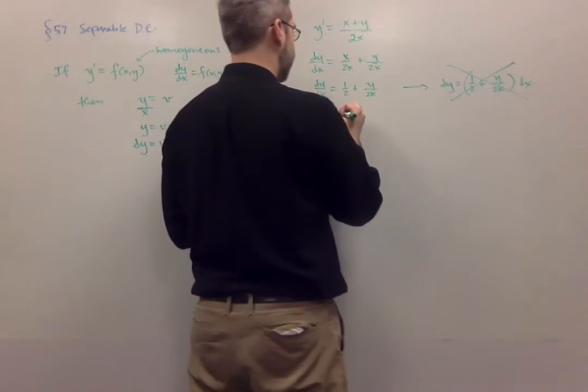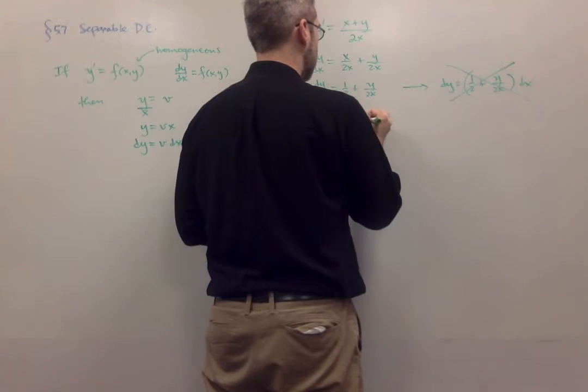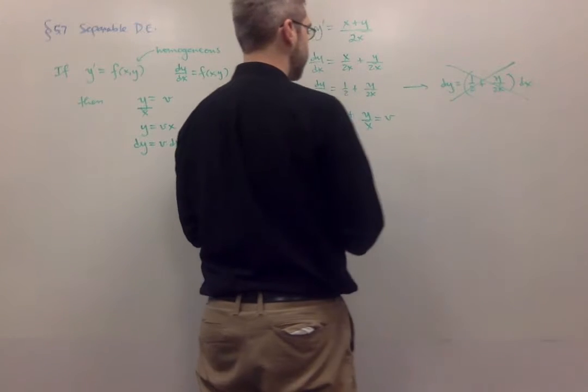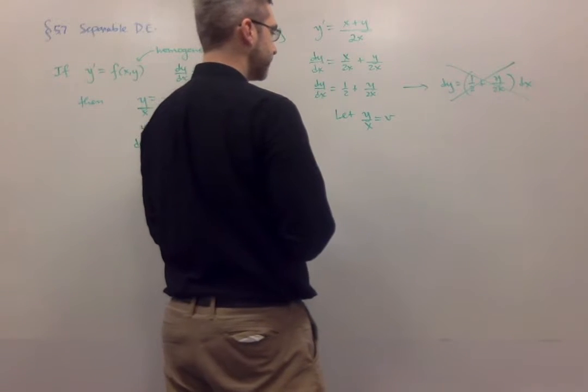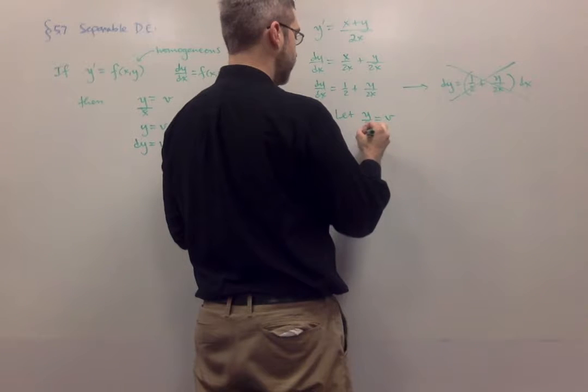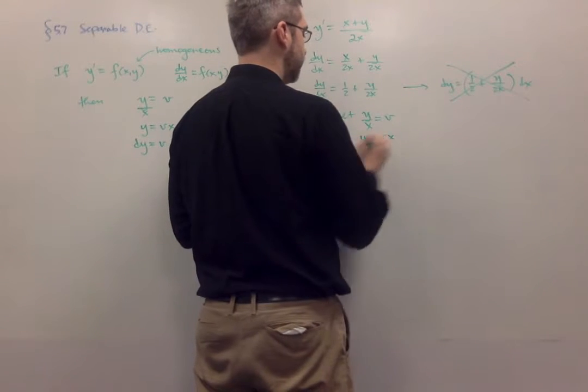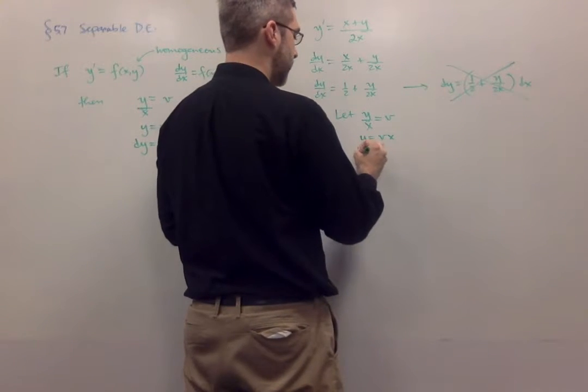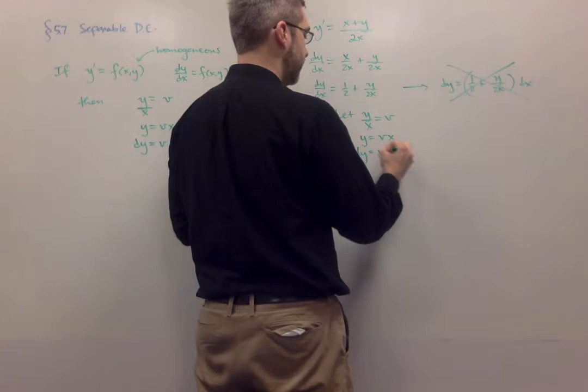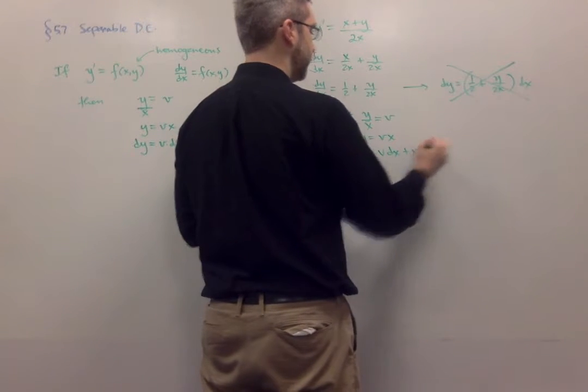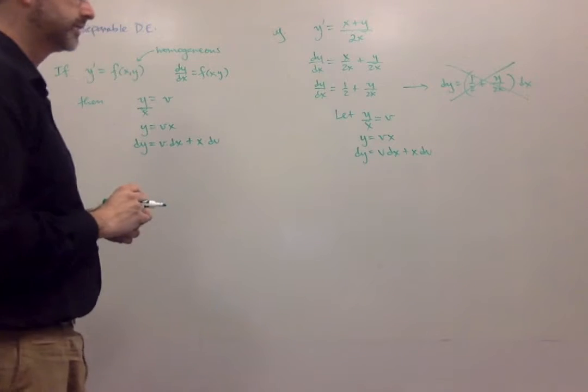However, if we let y over x equal some other variable v, and so then again y is v times x, and dy is v dx plus x dv. That's just our product rule from over here.